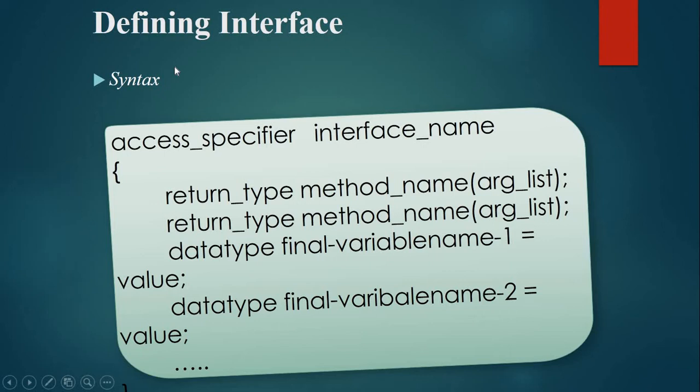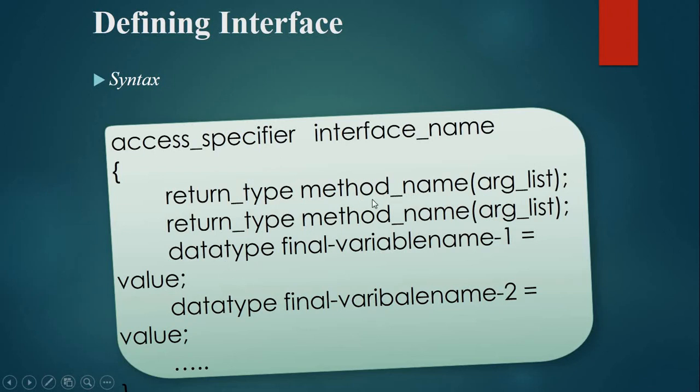Now we will see the syntax of defining interfaces. There will be an access specifier, then the interface keyword and the interface name. The interface can also have no access specifier. In it we will have our methods and variables.